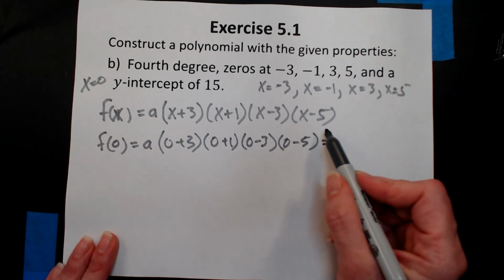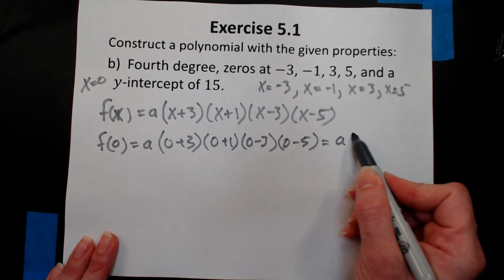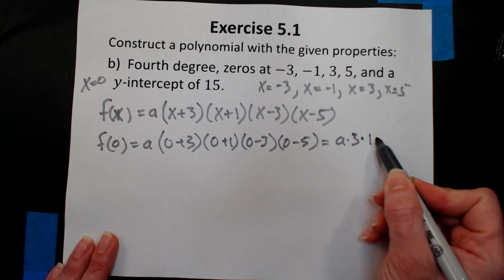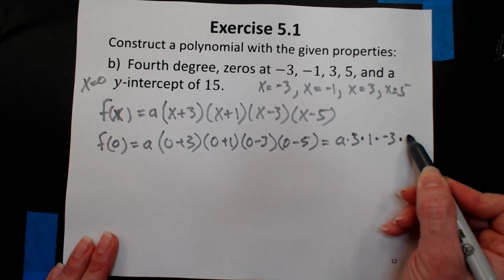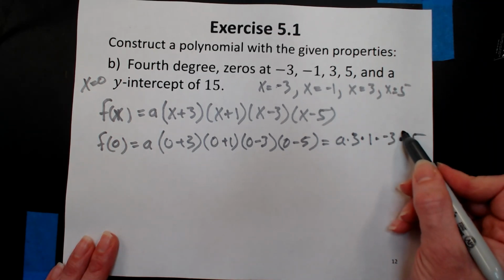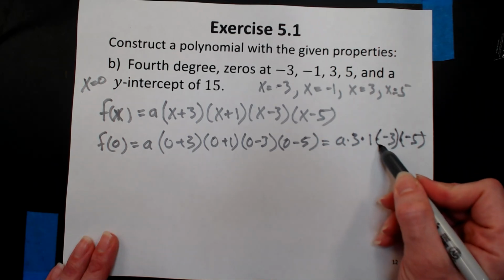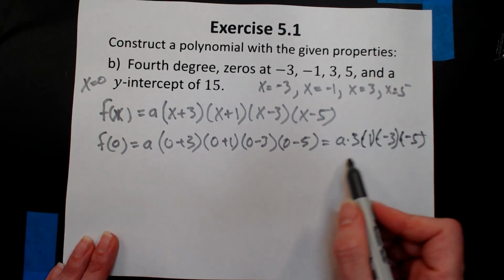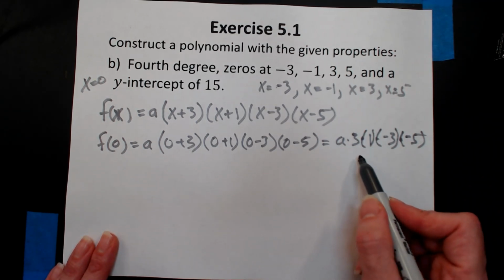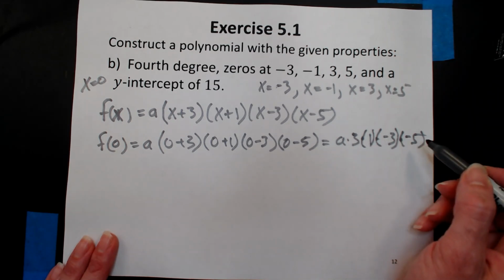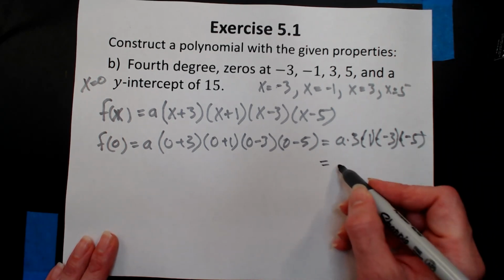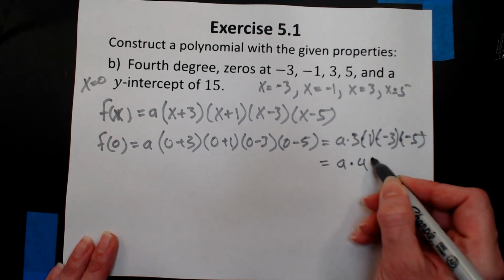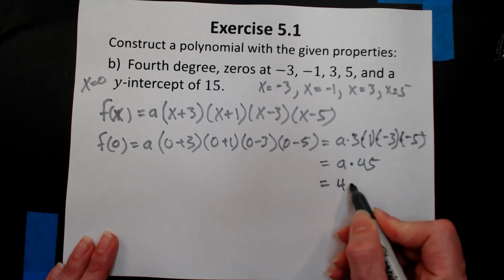So basically I'm going to get a times 3 times 1 times -3 times -5. Put parentheses around these. And so basically I'm going to get 3 times -3, which is -9, times -5, which is going to be a times 45. And so I'm going to get 45a back out.